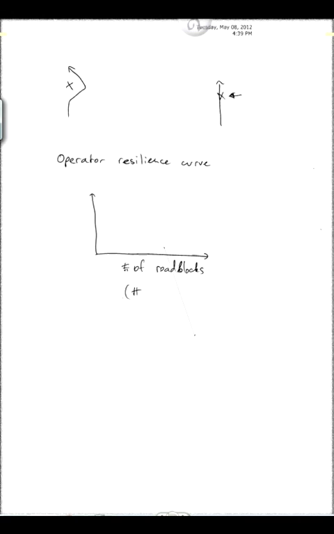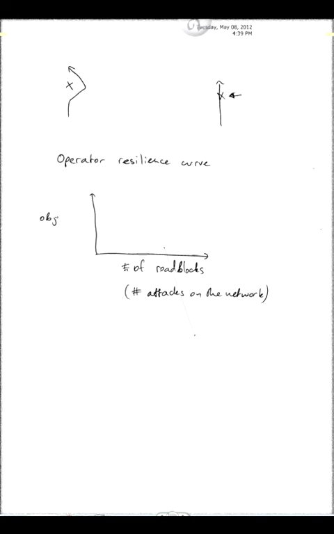But in general, this would be something like the number of attacks that we have on the network. And the vertical axis here is whatever objective function that we have that evaluates how well the network performs.